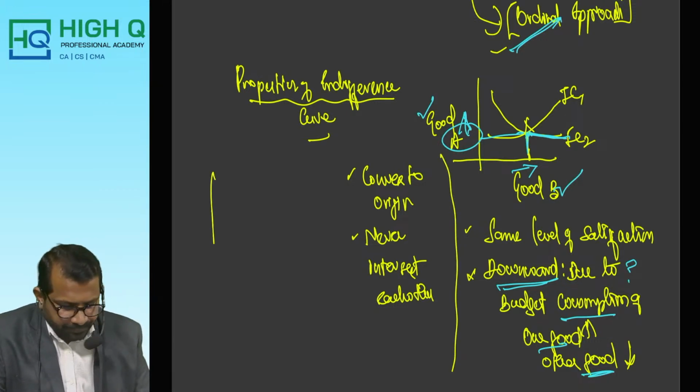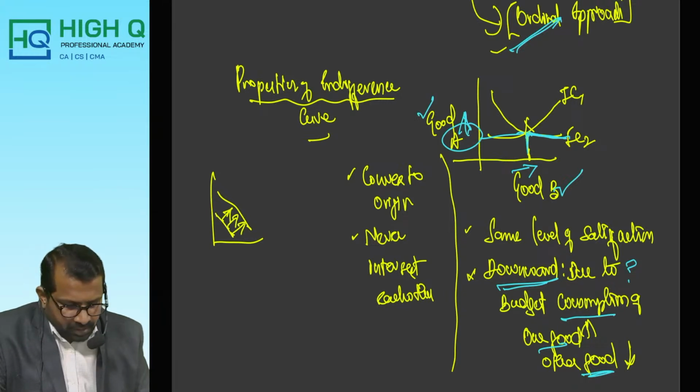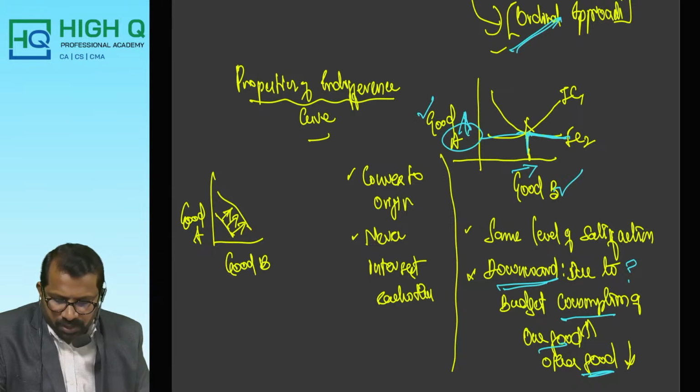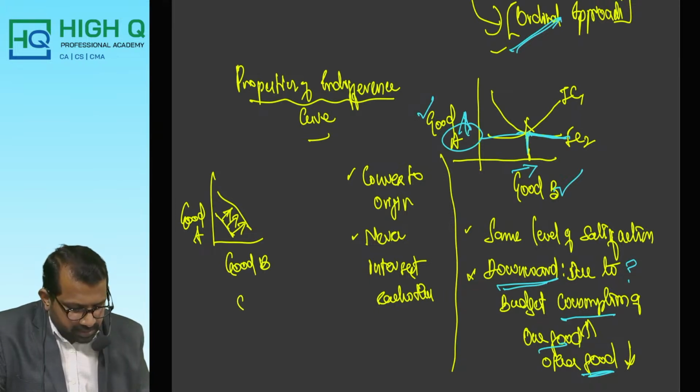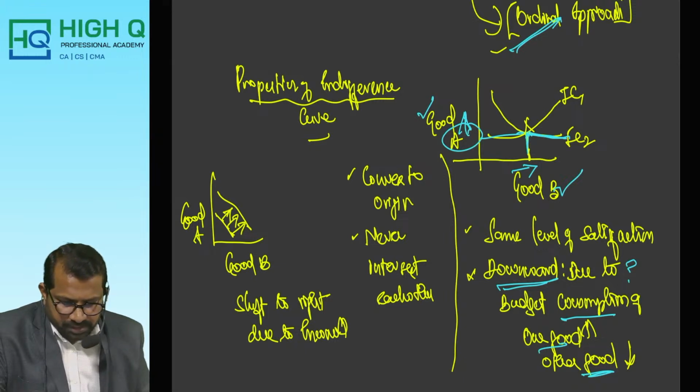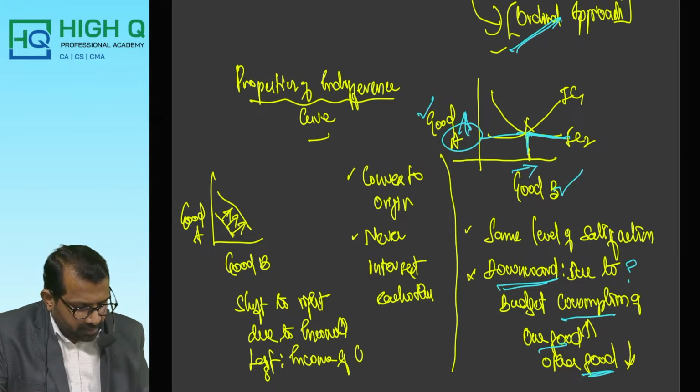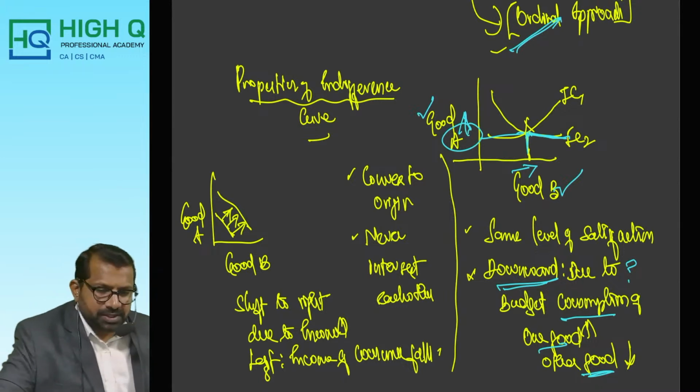Again, for goods A and B, the curve shifts to the right due to an increase in income. If it shifts to the left, then the income of the consumer falls.